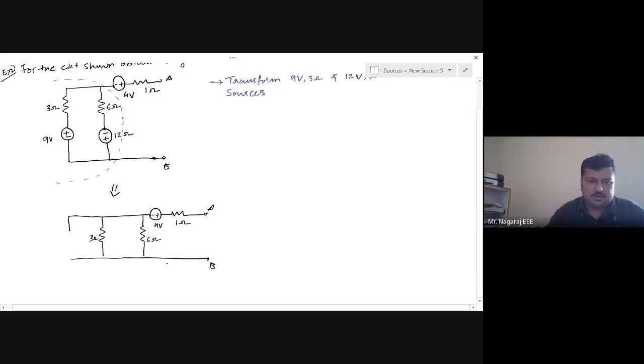And in parallel to this, I will get two current sources. Let me take this as I1 and this as I2.